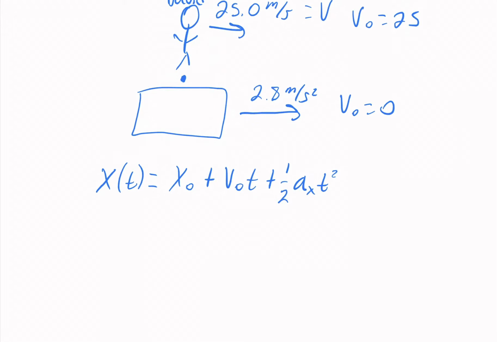We're going to be using this equation for both David and Tina. So we know David's initial velocity is 25 meters per second, so we can put that in for the v naught. What's the x naught? Well, I can say whatever I want. In this case, I'm going to say x naught is equal to 0 meters for both of them. So they're going to start at a starting line.